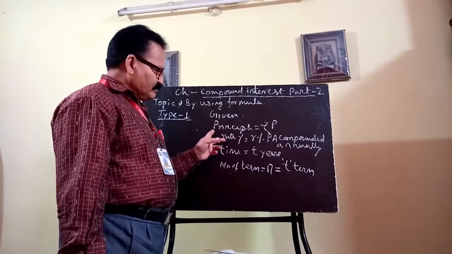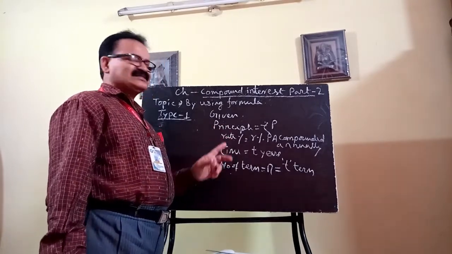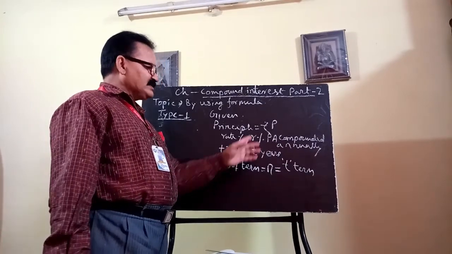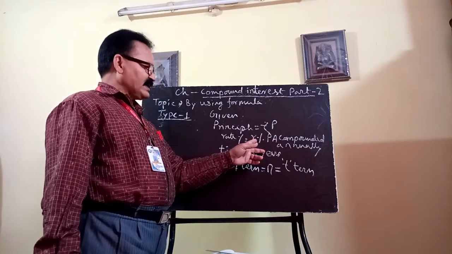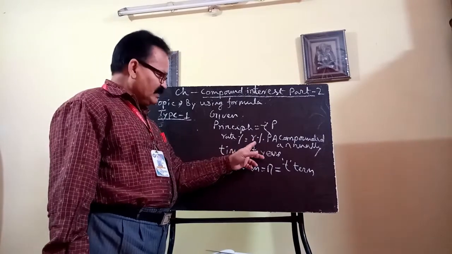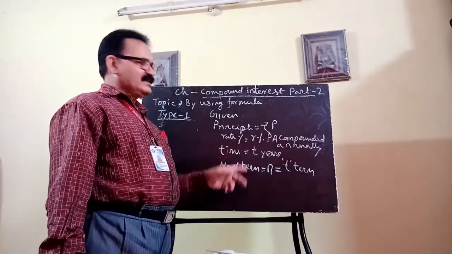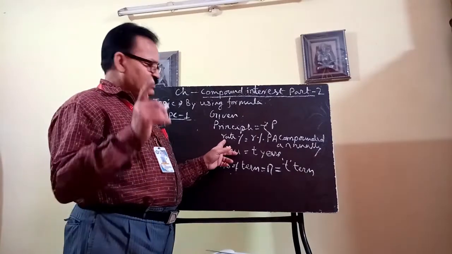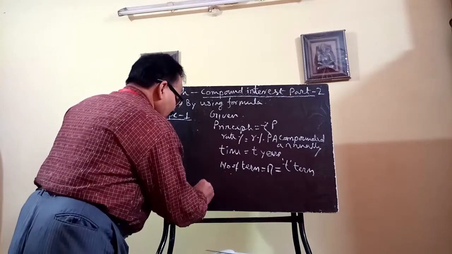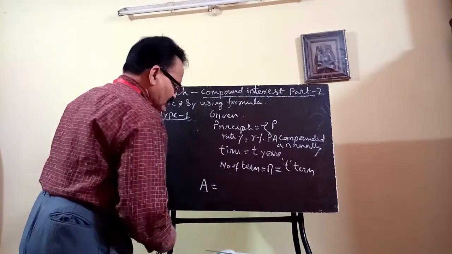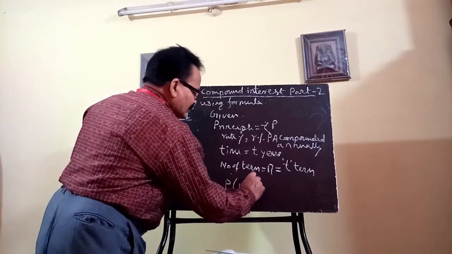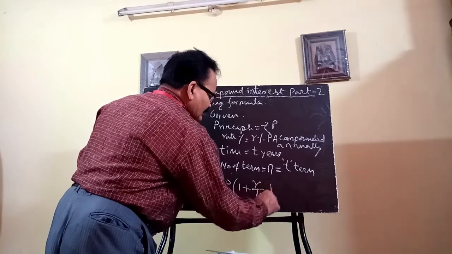So principal must be given, rate percent must be given, time should be in years, and then the number of terms, since the calculation of interest as per the given rate percent, that is compounded annually, is to be calculated once in a year. So the formula of amount, directly you can find out by amount is P into 1 plus R by 100 to the power n.